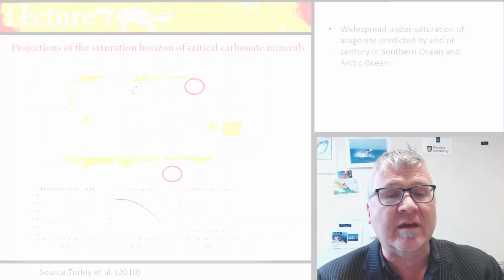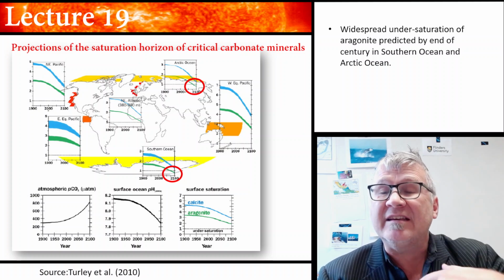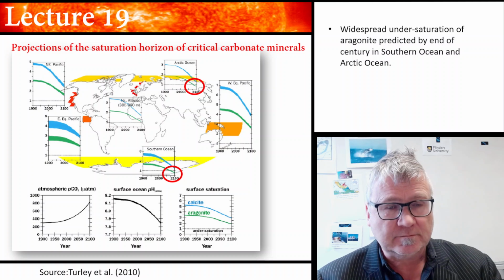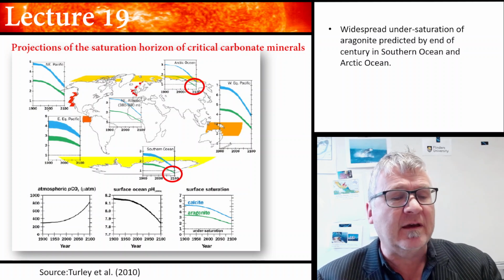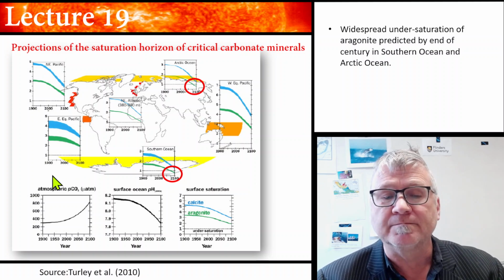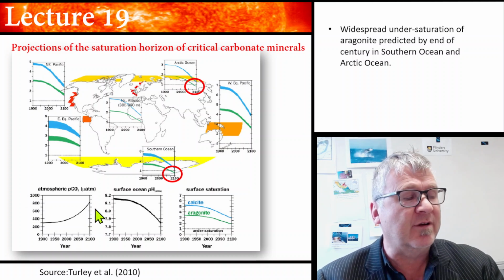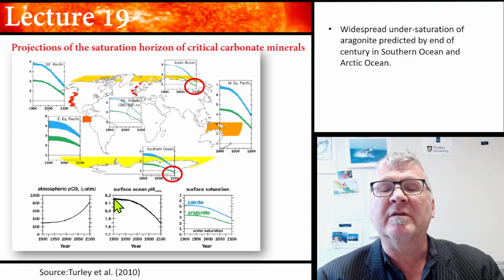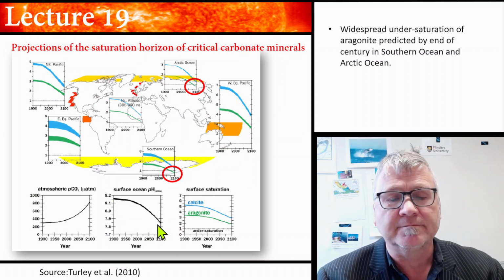And now we can look at what happens in the future with these critical carbonate minerals. It looks like a busy graph, but let's first look at what's shown at the bottom. You can see atmospheric CO2 concentrations go up, and you can see that the surface ocean pH goes down.